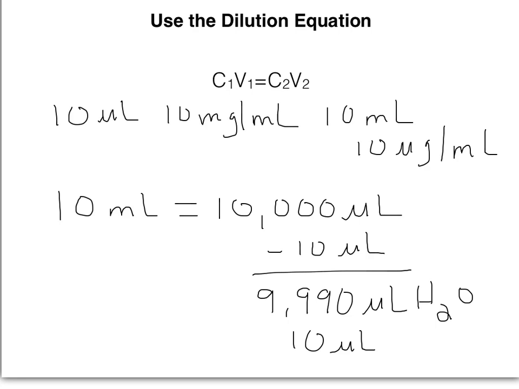So to make this solution, I would add 10 microliters of my 10 mg per mil stock to 9,990 microliters of water to make my final 10 mils of 10 microgram per milliliter solution for this laboratory.